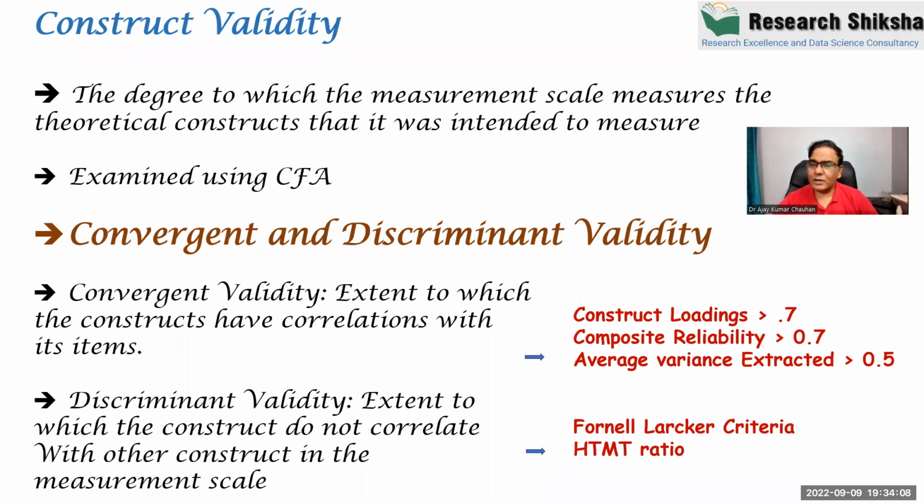This means either your scale is not valid or your respondent is not giving you valid responses. So in both cases, your scale is considered to be invalid. But because we assume that you are very, very sincere in collecting the data, it means your respondents are giving you the true responses. And if discriminant validity is not there, it means your scale is not valid. So discriminant validity must be there; it means your respondent is able to differentiate the different constructs.